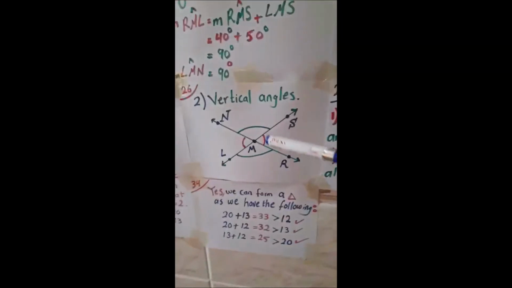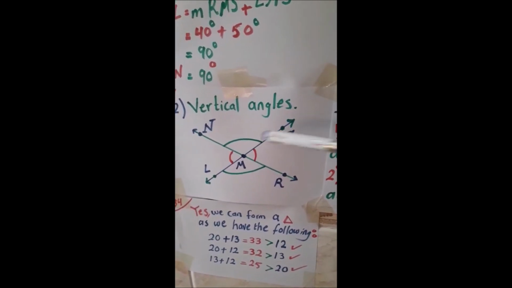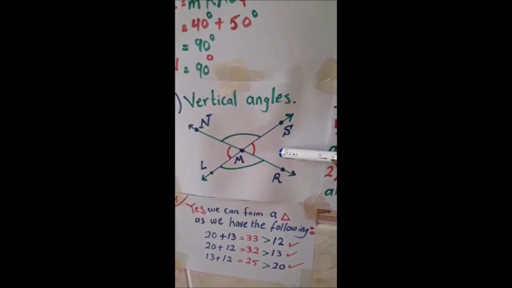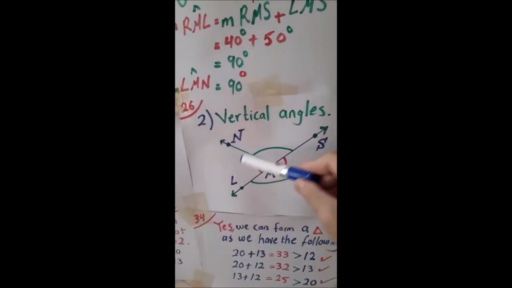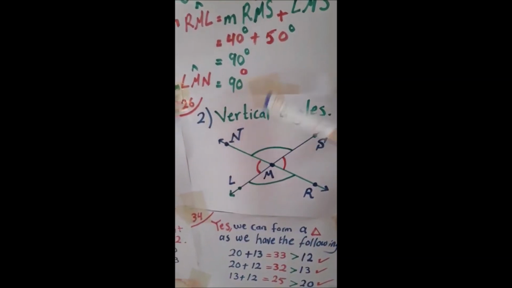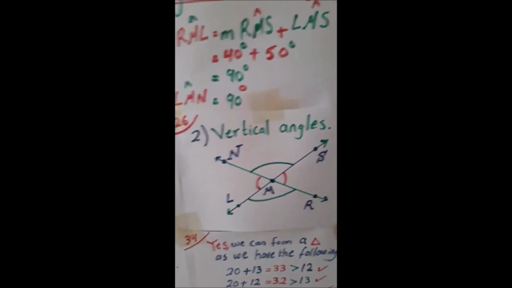So again, the first thing was, RMS plus NMS, this acute with this obtuse, equals 180. And again, this acute with this. As you see, this angle is repeated two times. Again, LMN and NMS is 180.